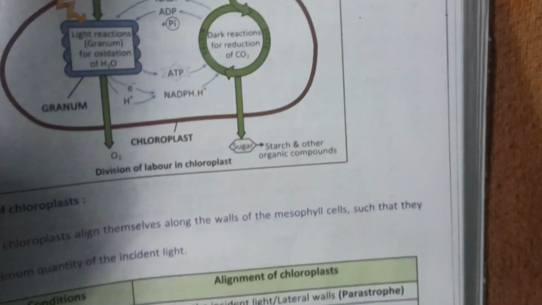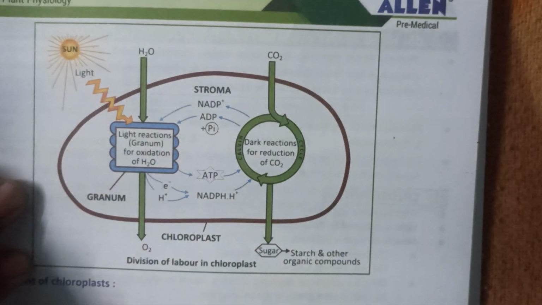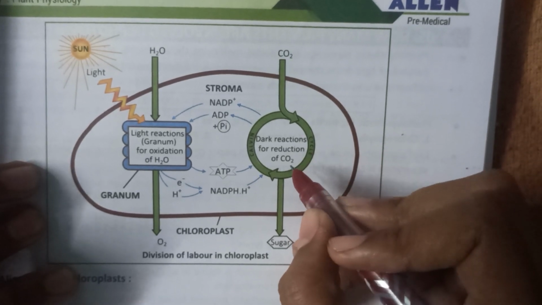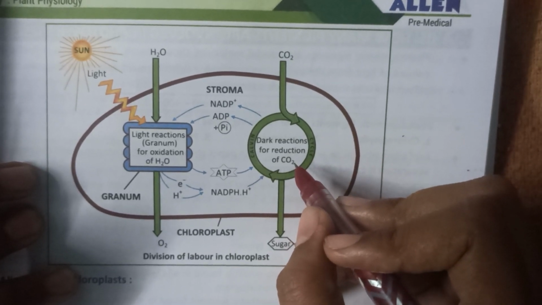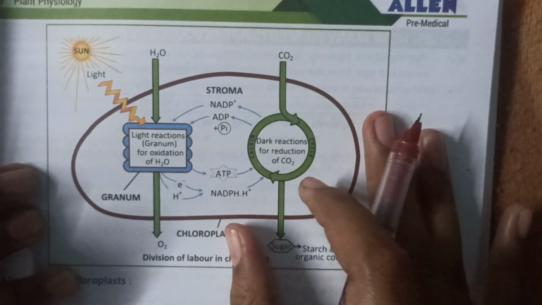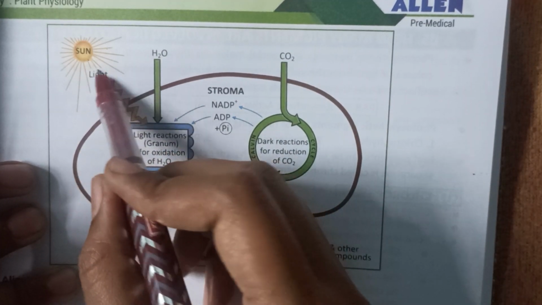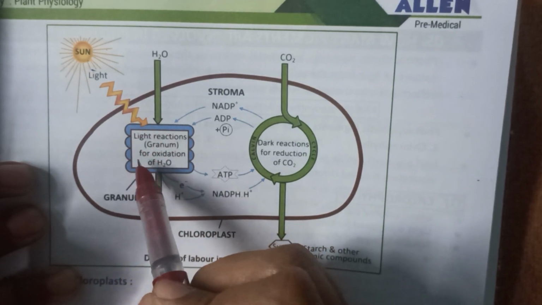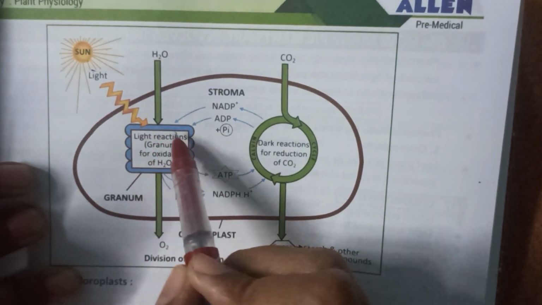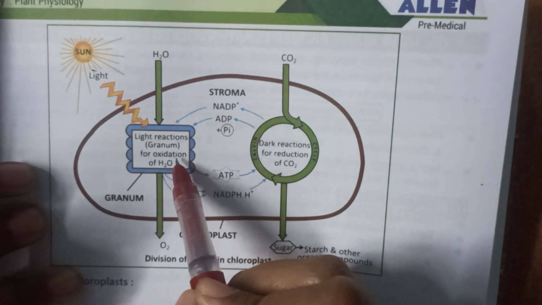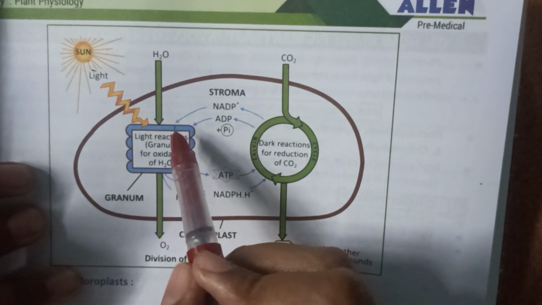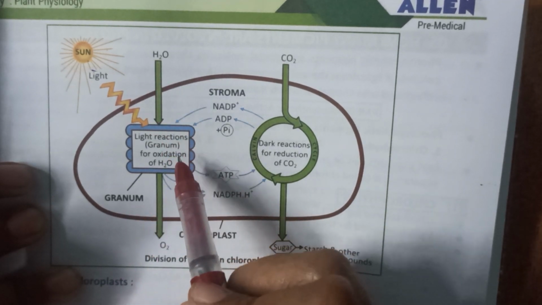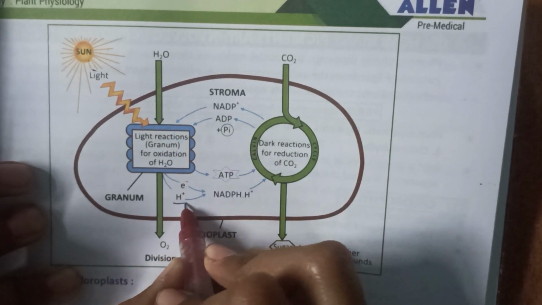Okay, let us see this picture. This picture shows a good representation of photosynthesis. Sunlight is coming, and this sunlight is exciting electrons, and the light reaction takes place inside the grana, that is the pile of thylakoids, and stroma lamella, where water is oxidized to give H plus and electrons.